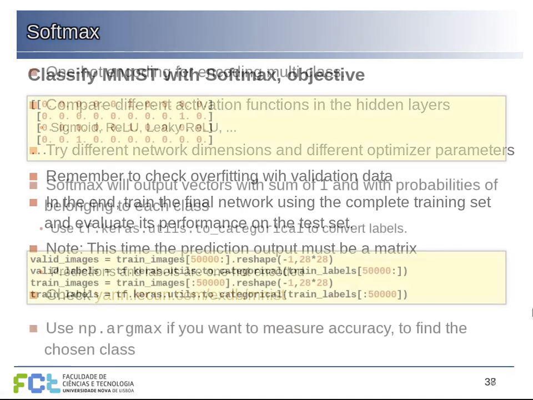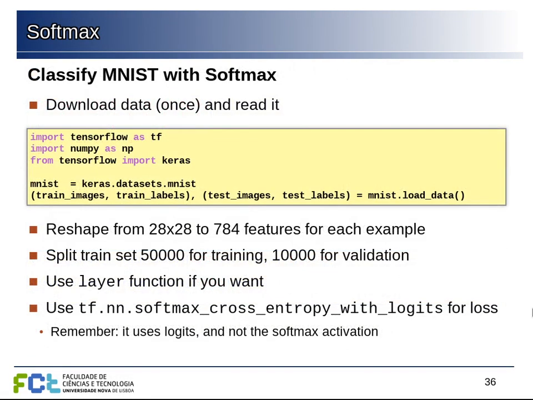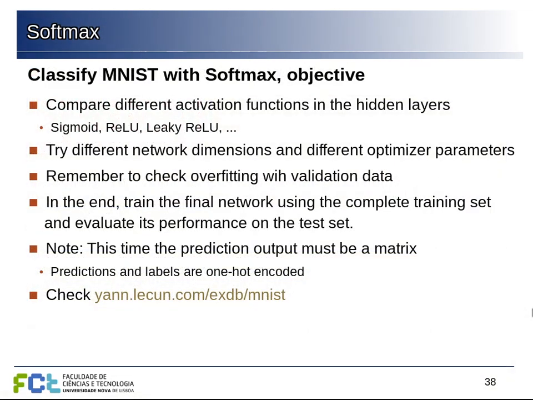It's important to remember that for prediction, you want the softmax activation, but for the loss function, you want to put directly the linear part of those neurons into the softmax cross-entropy function to avoid those problems with numerical instability. Okay, you can see more about this data set here if you want. This is an historical data set for machine learning and so on. It's used for a long time now.